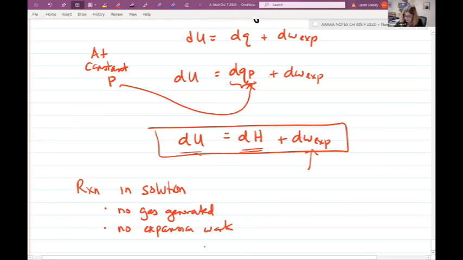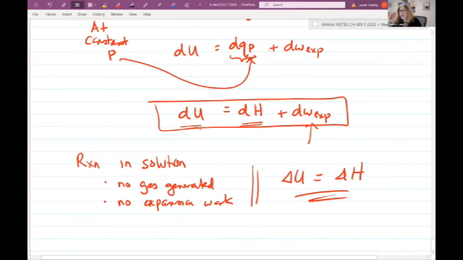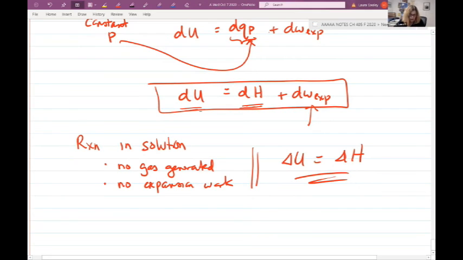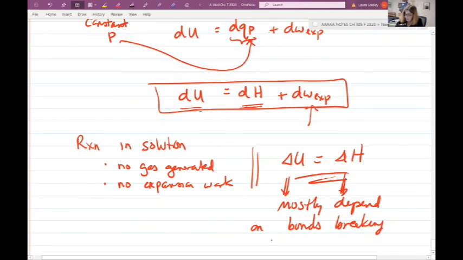If that's the case, then delta U is the same as delta H. So there are lots and lots of cases where the change in enthalpy is exactly the same as the change in internal energy. And what does that depend on mostly? It mostly depends on the bonds that are breaking and the bonds that are forming.